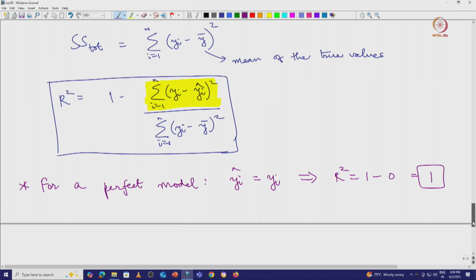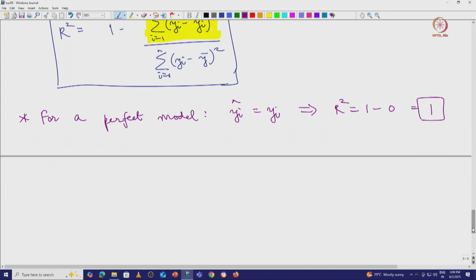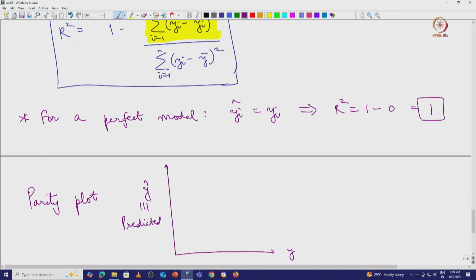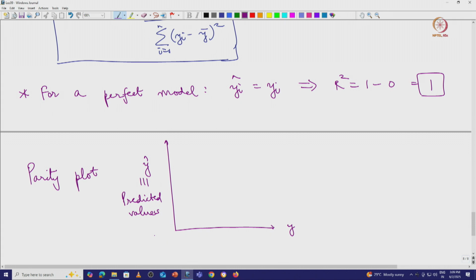And you can also show this on a so-called parity plot. A parity plot shows the predicted values versus the true values. So you can make a parity plot like this. You have the predicted value here, y hat, and on the horizontal axis these are the true values.